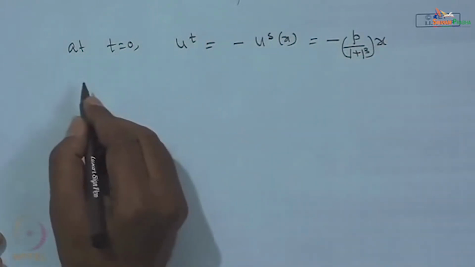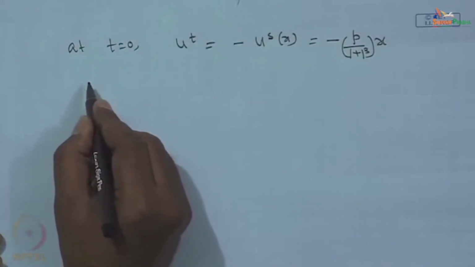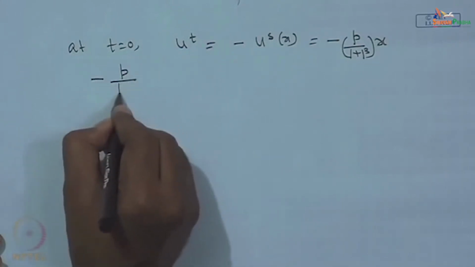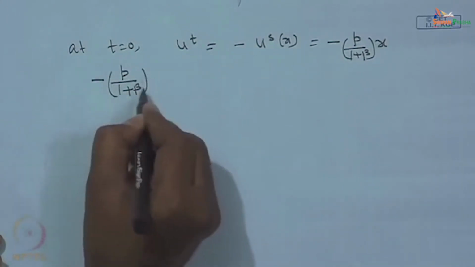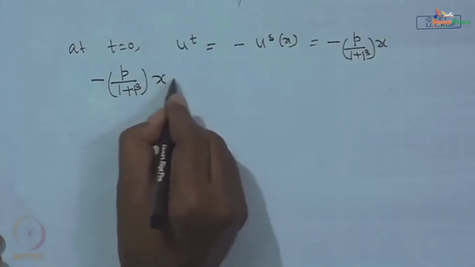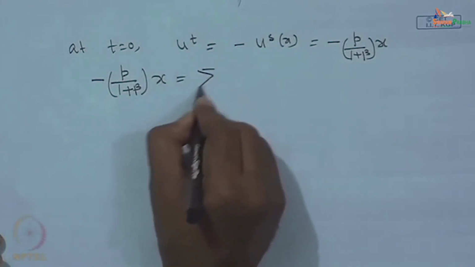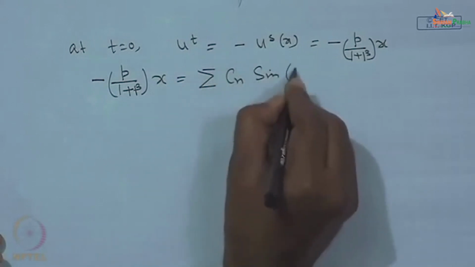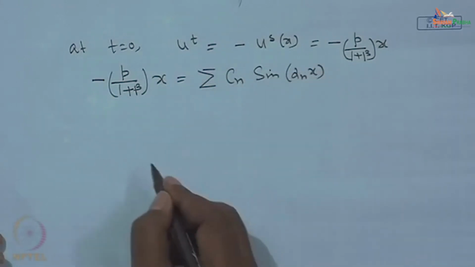So, we use that. This becomes minus p divided by 1 plus beta into x is equal to summation of C n sin alpha n x.